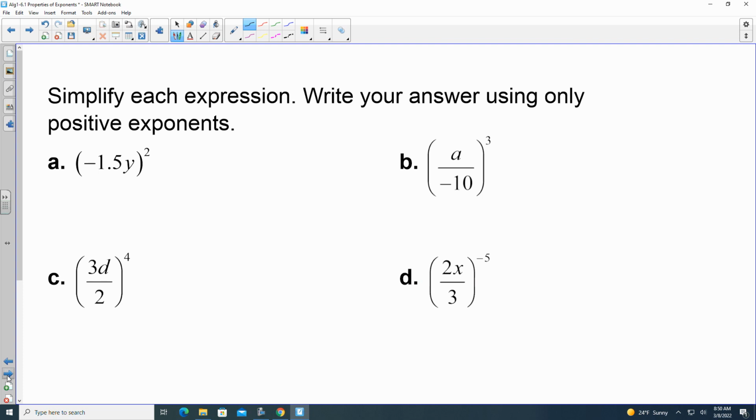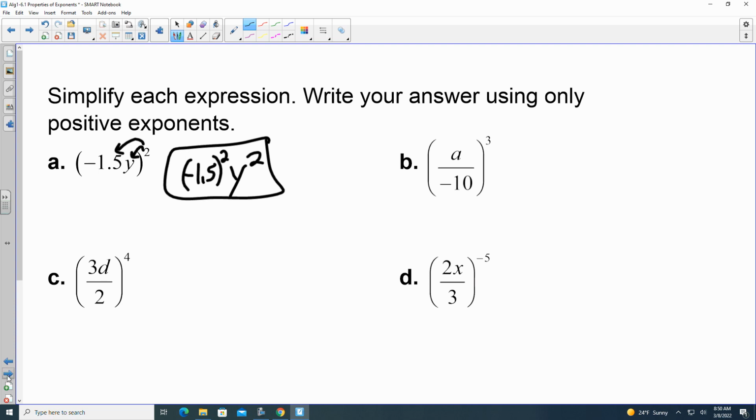So looking at it with these types of examples, I have negative 1.5 times y, and then the whole thing is raised to the second power. So this 2 gets attached to both the negative 1.5 and y also gets squared.